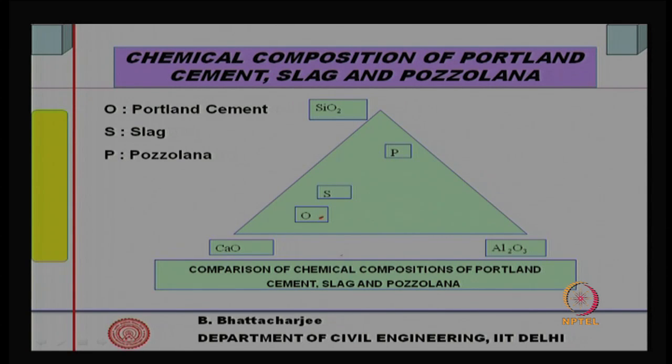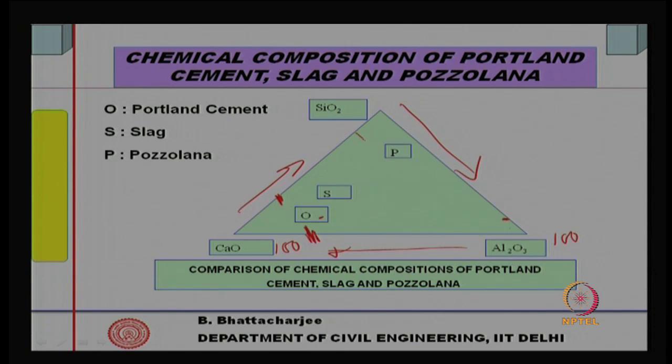Now, calcium oxide is around 60%, very small quantity of Al2O3 and relatively small quantity of SiO2. So, 100% CaO is here, 100% Al2O3 is here and 100% SiO2 is here. So, you can see that it has got high CaO, small quantity of SiO2 and small quantity of Al2O3.